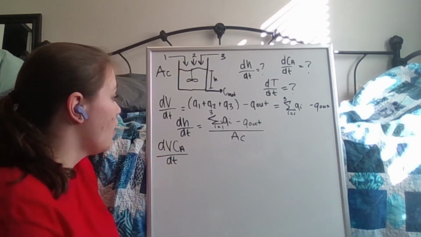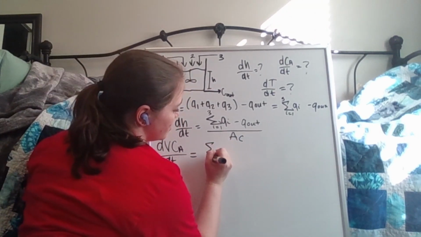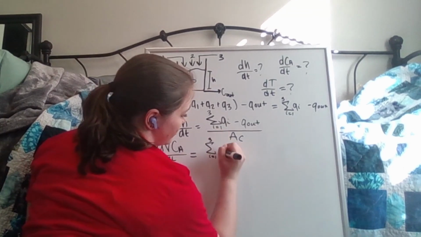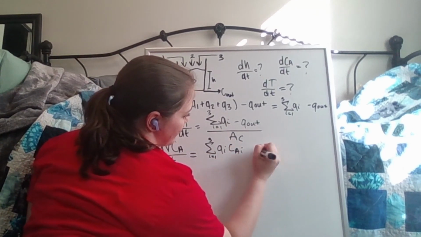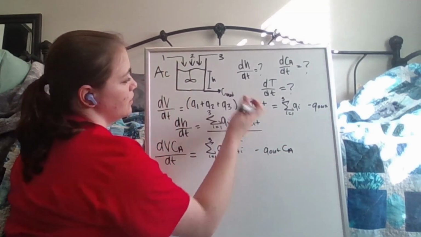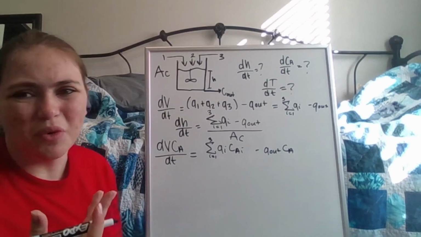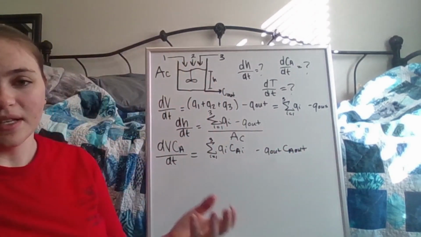So all we have to do for that is our summation of Qi times CAi, and then minus our Q out CA out. I'm going to write CA out so I don't confuse myself.